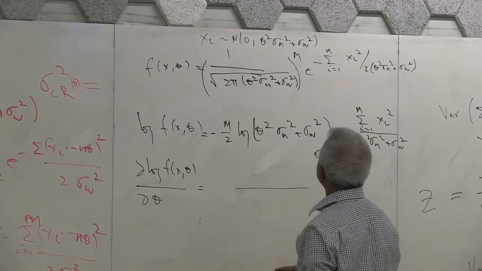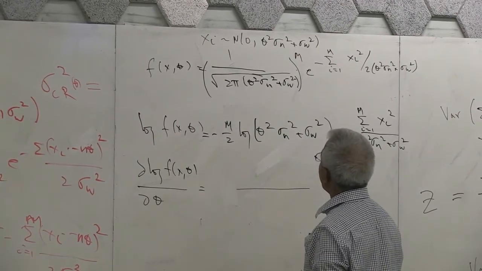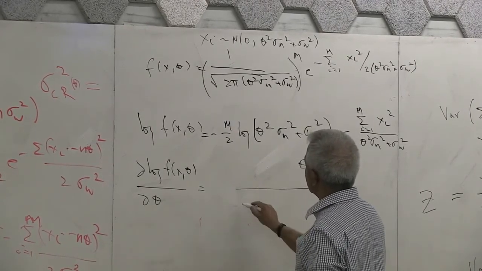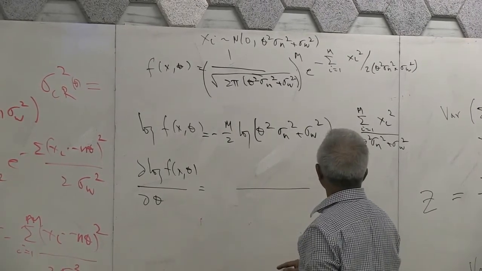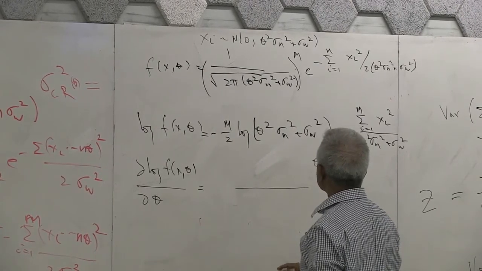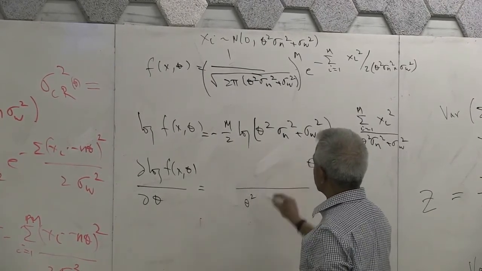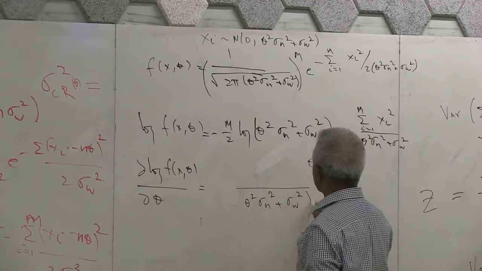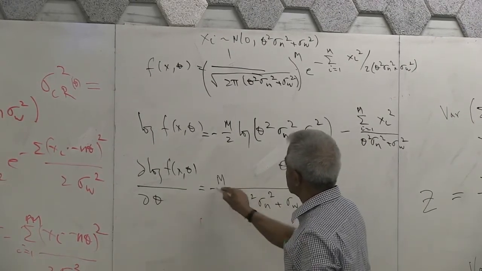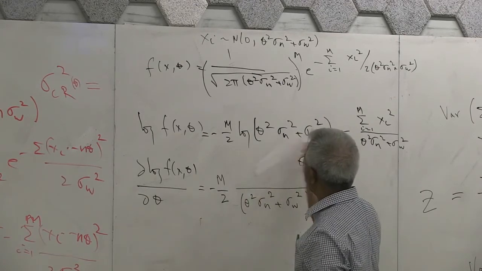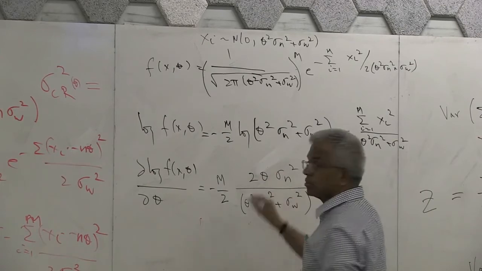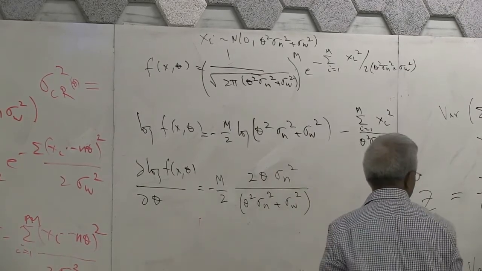So what is it? No, it seems to be right. So you have the log of something, theta squared sigma n squared plus sigma w squared, minus m by 2. Then you have the derivative of this, 2 theta sigma n squared. So the minus is there, right?